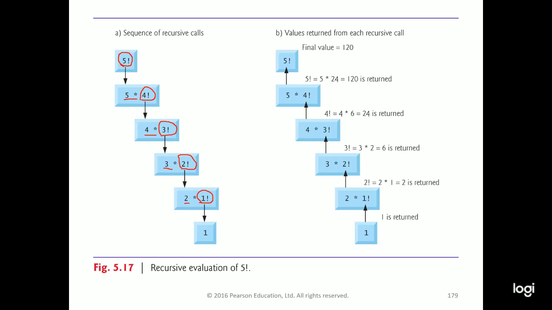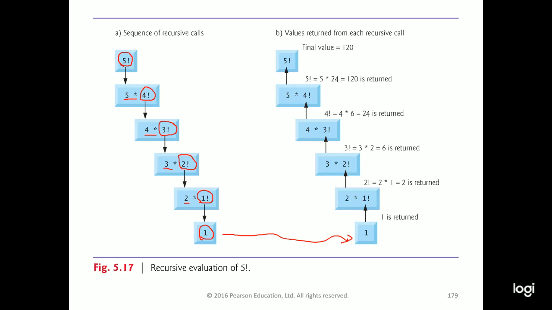And when we get to this call, the function says, okay, when I get an argument of 1, I just return 1. So 1 is returned up the call stack.